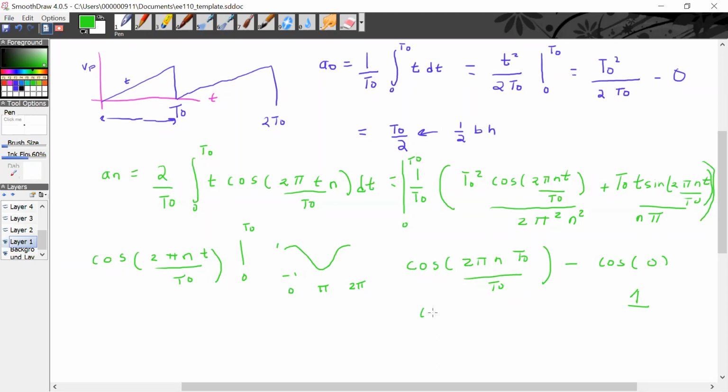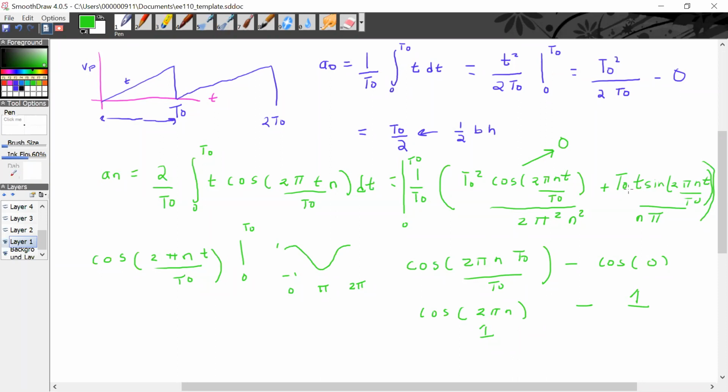Here we have cosine 2 pi n, and if n is 1, we're at 2 pi. If n is 2, we're at 4 pi, but that's just a whole period. So this will always be 1, and this term, after all of that, goes to 0, because 1 minus 1 is 0.